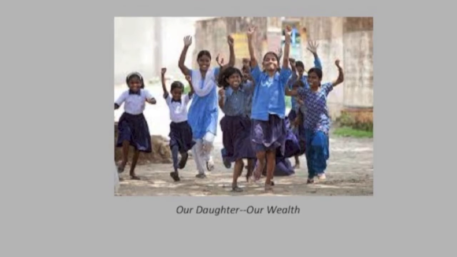And this was developed in 1994, and the way it works is if you have a girl child, when she's born, you sign up for a bond, and you agree not to marry your daughter off until she's 18. As a result, you get enough funding to put your daughter through school. When she turns 18, if she's not married, you actually get the cash back.